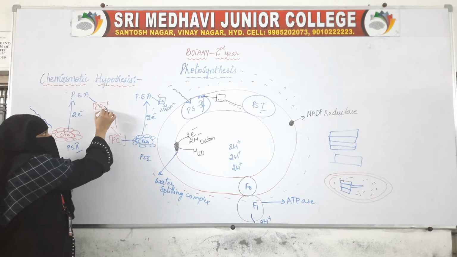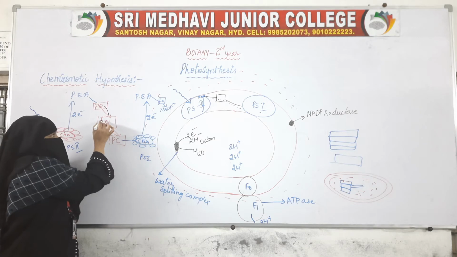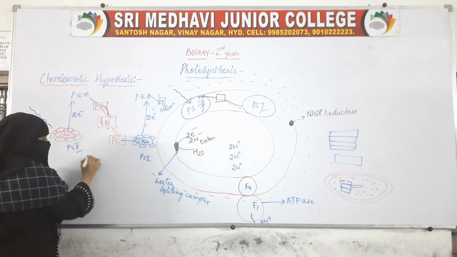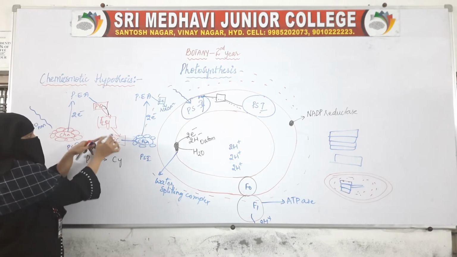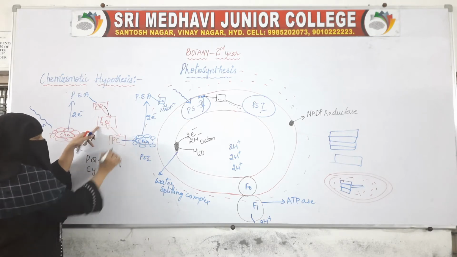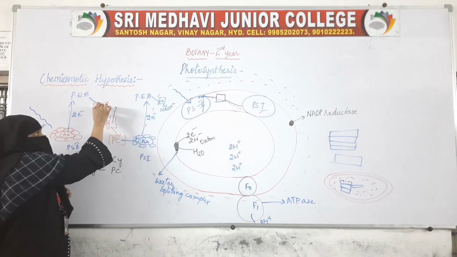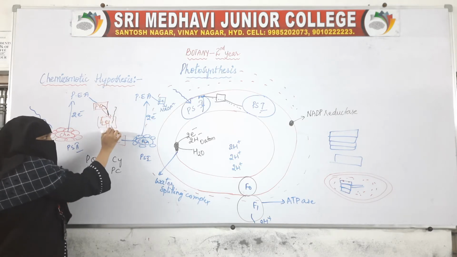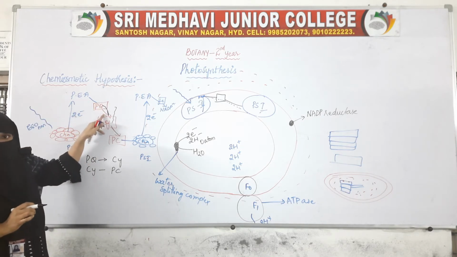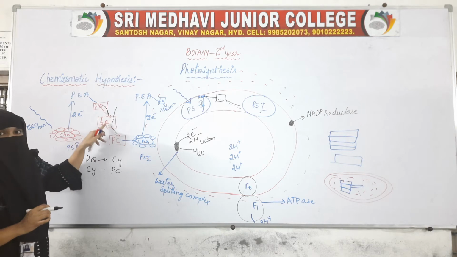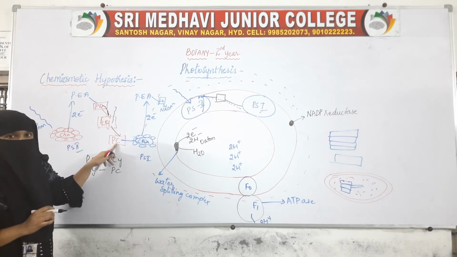and going from plastoquinone to cytochrome, and when it is going from cytochrome to plastocyanin, at this time the electron comes from plastoquinone to cytochrome, and then cytochrome passes that electron to plastocyanin.